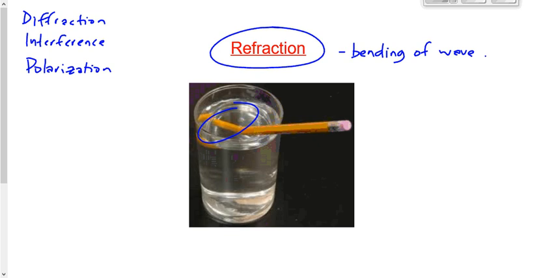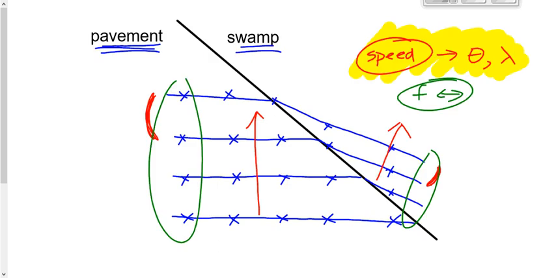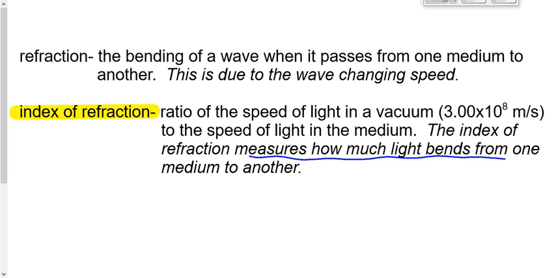Remember, we defined momentum loosely as how hard it is to stop something, but the real definition was the product of mass and velocity. We're going to define the index of refraction loosely as how much light bends, but the real definition of the index of refraction is a ratio. It's a ratio of the speed of light in a vacuum to the speed of light in the medium.